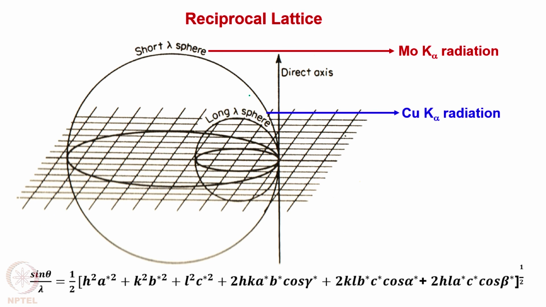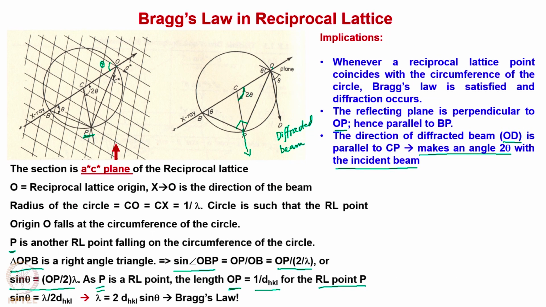So now this particular drawing which we have seen here is only in one particular reciprocal lattice plane of A star C star. Like that, you have sets of planes in A star B star direction or C star B star planes. As a matter of fact, these reciprocal lattice points are there in all directions in 3 dimensions, and if we consider those points, it actually represents a sphere.